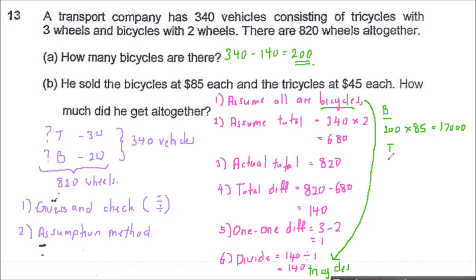And then for the tricycle, it will be 140, and each one costs $45. So isn't it 6,300? And if you add these two together, you get the total as 23,300. Okay, so that's the answer.